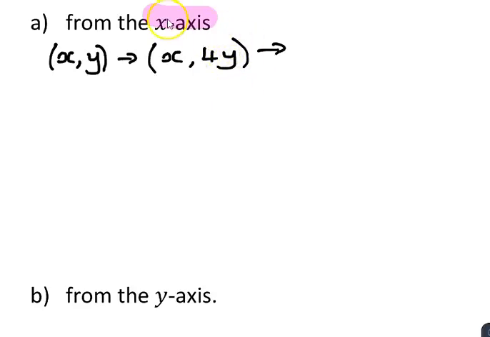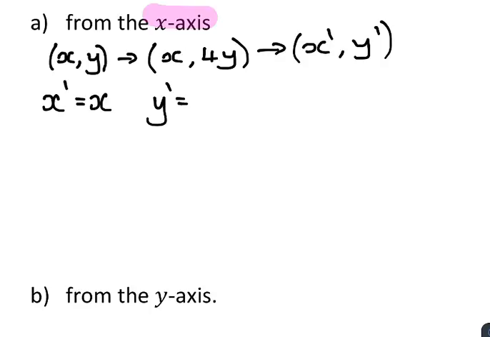Okay, so dilation from the x-axis of 4 means that your y value is multiplied by 4. That gives your new x and your new y. Now making our two equations, x new equals x and y new equals 4y, we do need to rearrange this to get y equals.